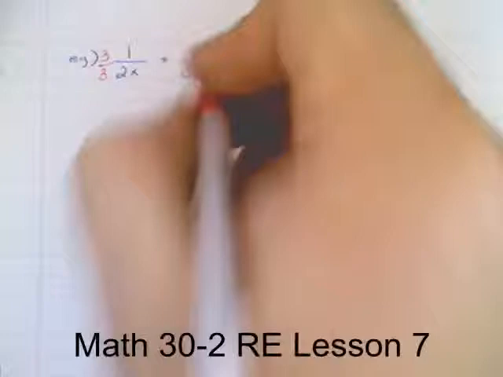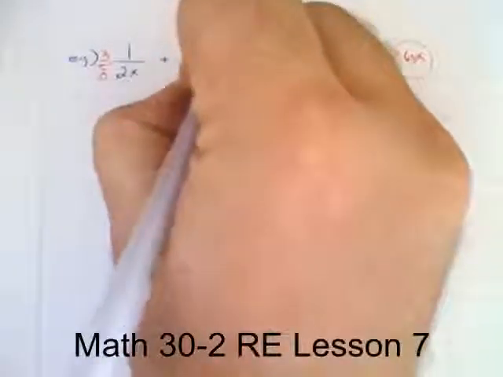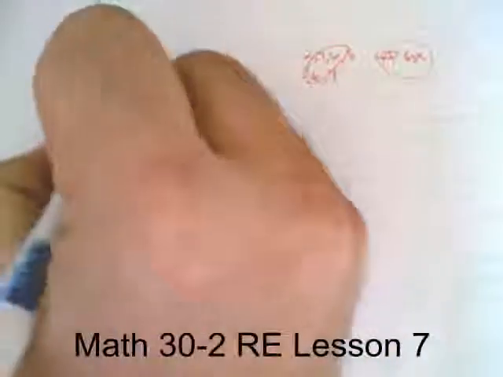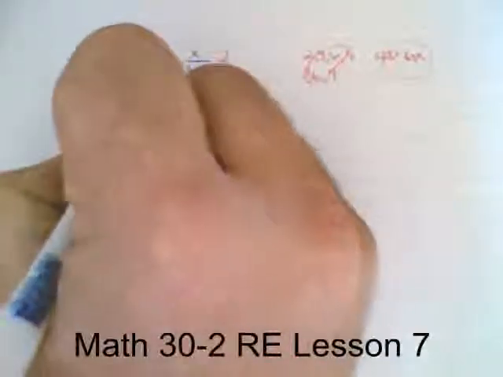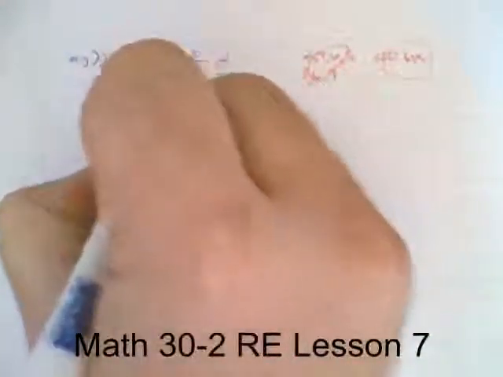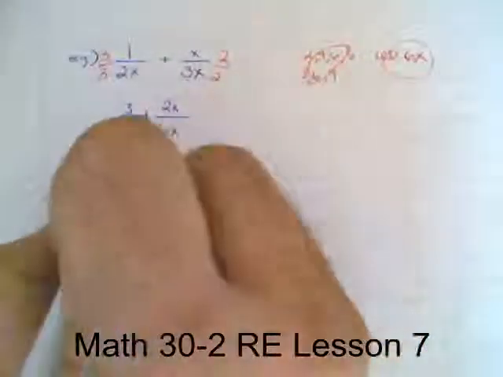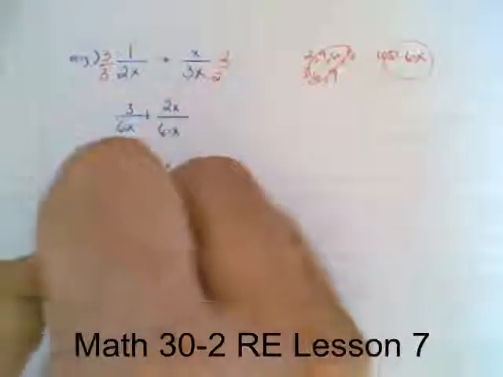Going along here, what do I need to multiply to 2x to make it 6x? Well, I need to multiply by 3. Whatever I do to the bottom, I have to do to the top. Here I have to multiply by 2, bottom and top. When all is said and done, I get 3 over 6x plus 2 times x, or 2x, over 6x.